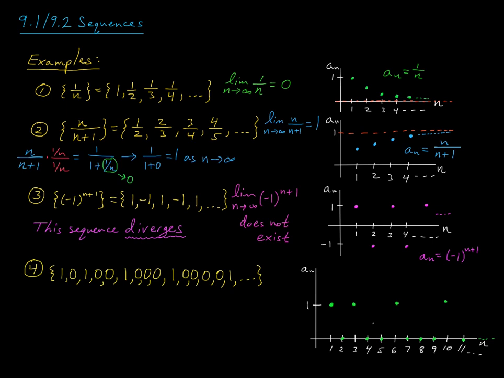And the answer would be no, because if I set my window to be within, say, a millionth, there's going to be a 1 down the line, and it's going to jump out of that window. So you're going to have a long string of zeros that all fall within the window, that's great, but you're always going to jump back out. So this sequence also diverges. We're not approaching any one particular value.